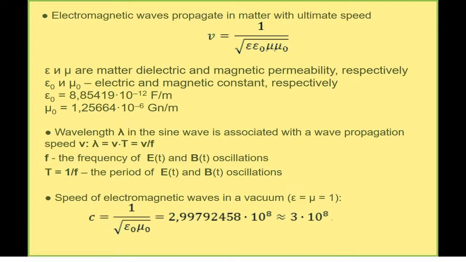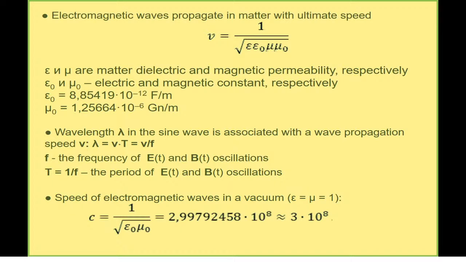And this is just the wave period. The next: how many completed oscillations are there within 1 second? It is just the frequency of the wave, in our case, electromagnetic wave.